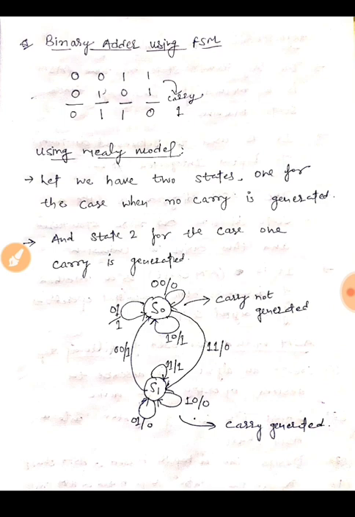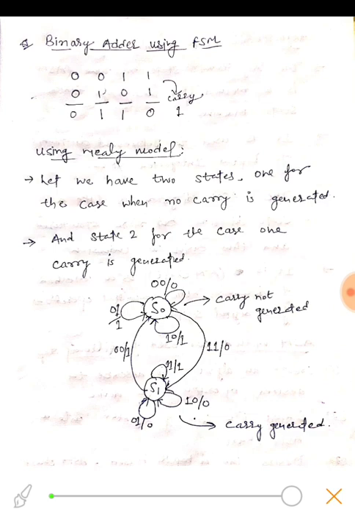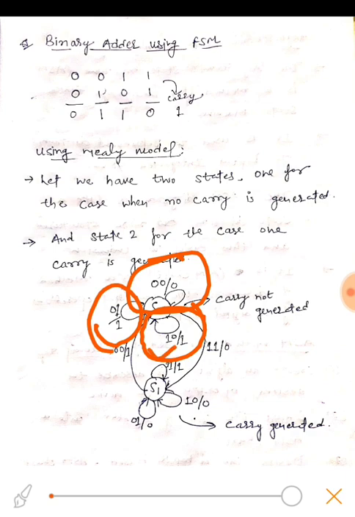If it is in the initial state S0 and we get the input 0 0, the output would be 0 and it would remain in the initial state, as there is no carry generated in this combination. It will remain in state S0 for this combination as well, in which 0 and 1, the sum would be 1, and for this combination as well, 1 0 and the output is 1. So for all these three combinations, our adder will remain in state S0 as the carry is not generated.